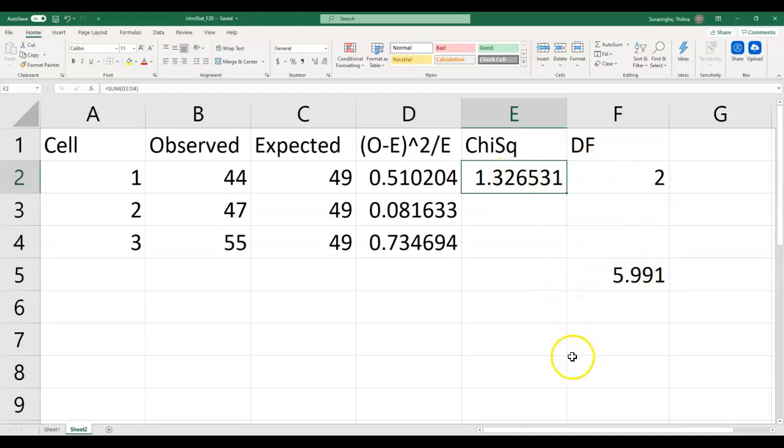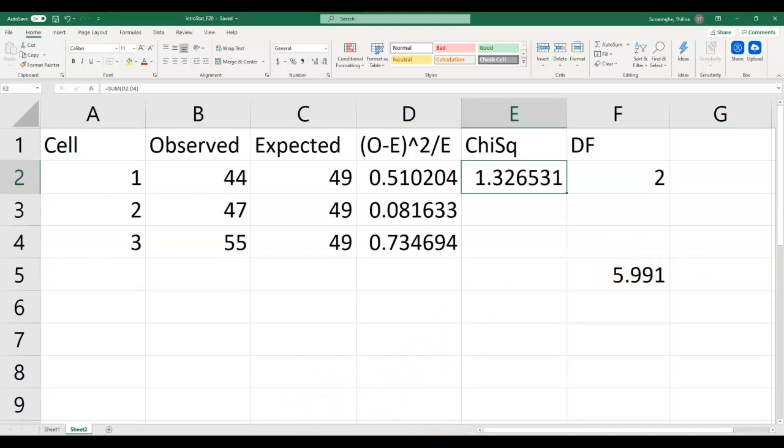So in that case, you fail to reject the null hypothesis. Let me repeat. If the calculated chi-square is greater than tabulated chi-square, you reject your null hypothesis. But if your calculated chi-square is smaller than tabulated chi-square, you fail to reject your null hypothesis.